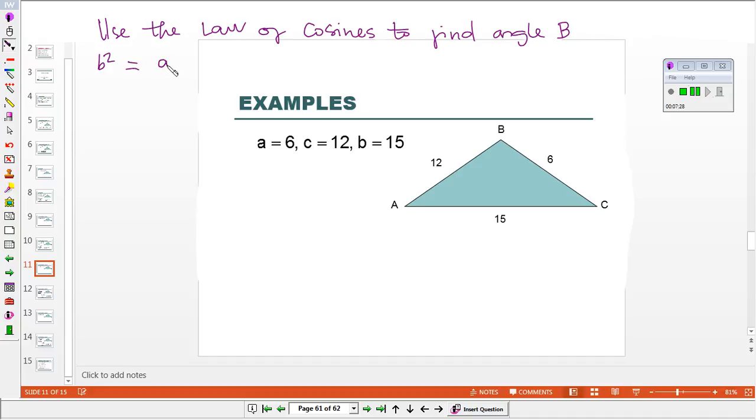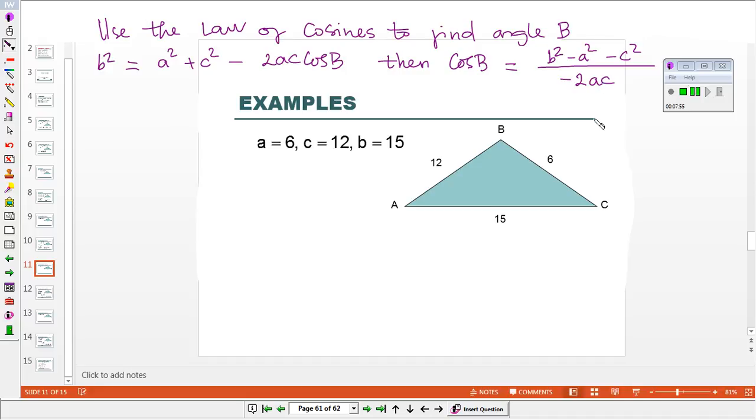So first we know that b squared equals a squared plus c squared minus 2 times a times c times cosine of the angle B. Then I'm going to solve for cosine of the angle B first. So cosine of the angle B will be b squared minus a squared minus c squared divided by negative 2 times a times c.